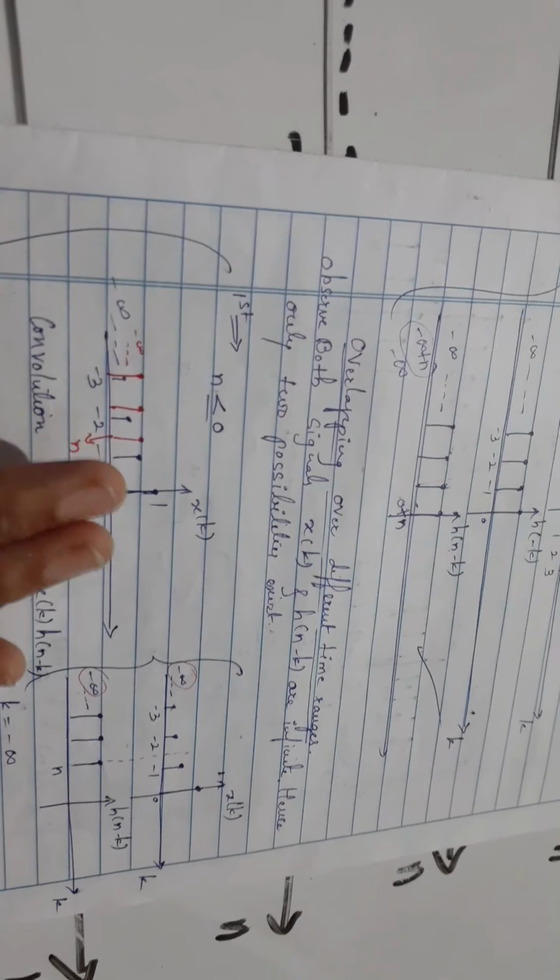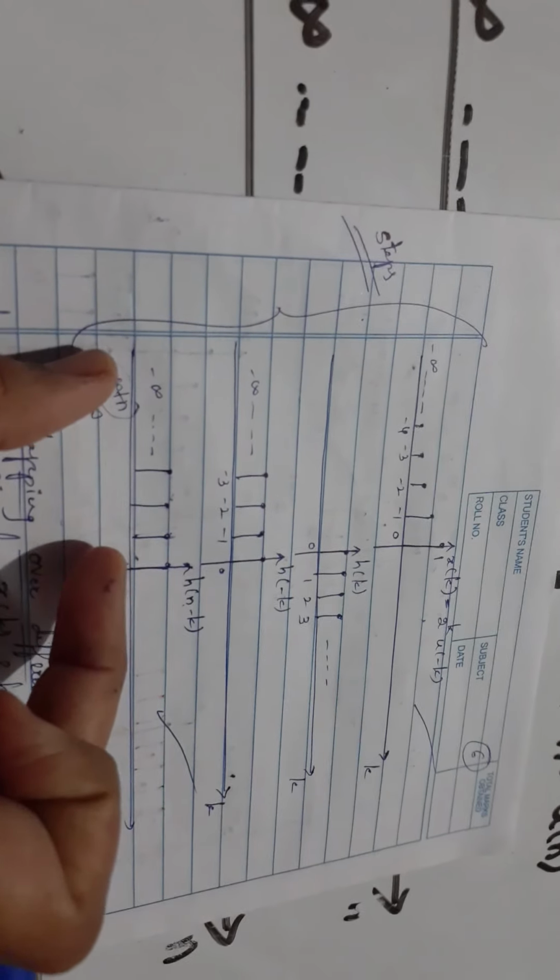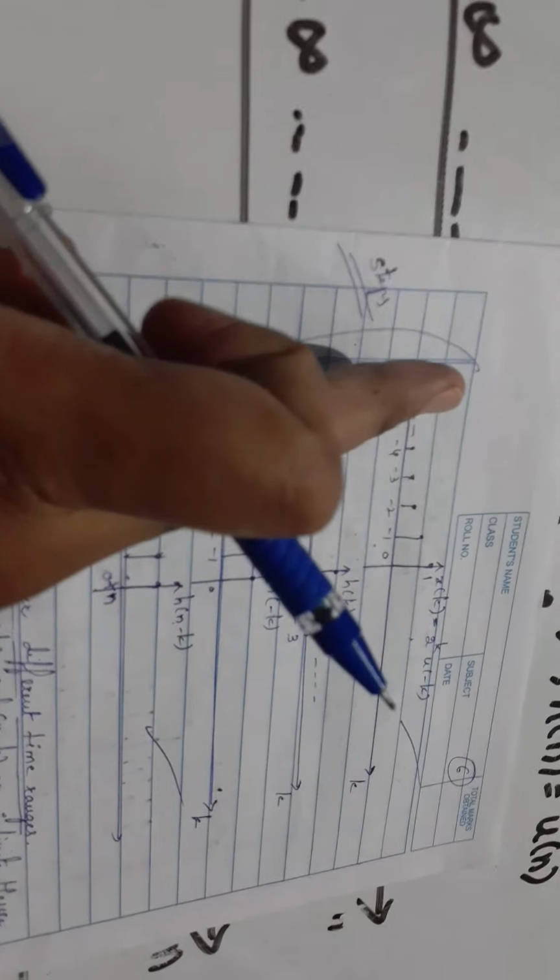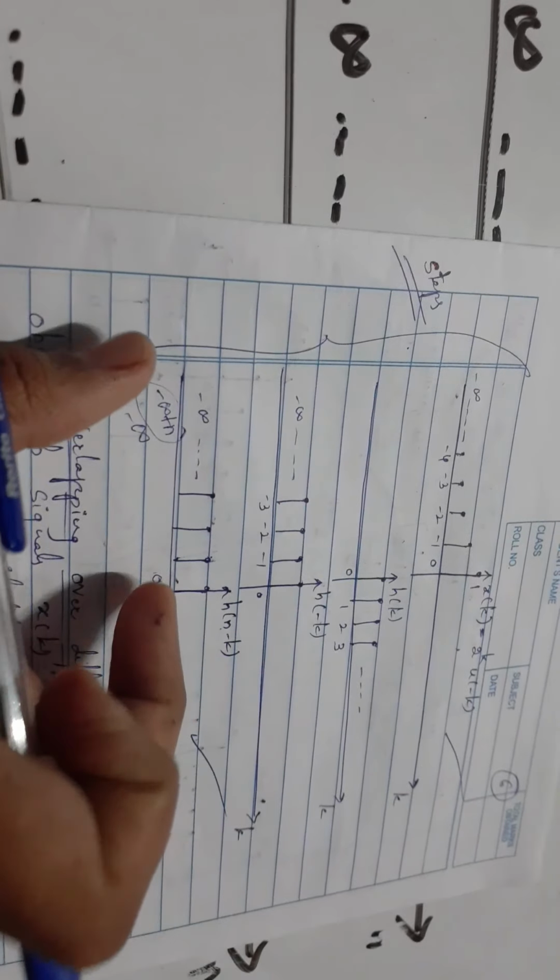Now the first range will be when you keep the second signal h of n minus k before 0. Before 0 and after 0, only two possibilities because both signals are infinite. So first possibility is keeping this h of n minus k, the second signal, before 0.